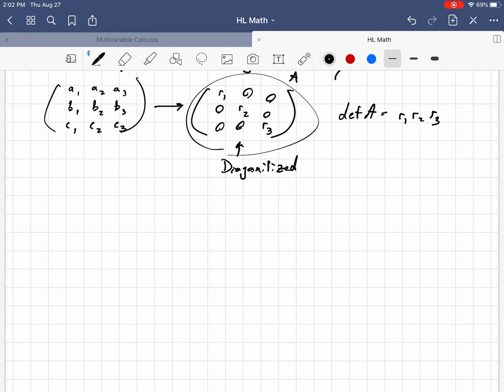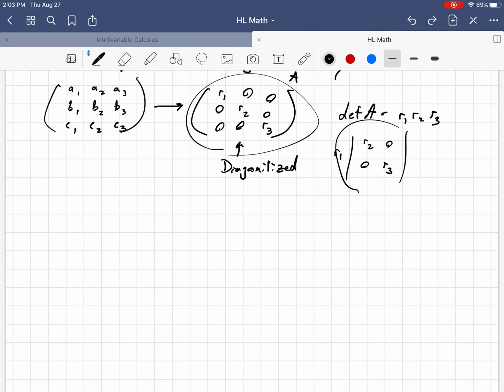If we were to expand by minors, we would get R sub 1 times the determinant of the matrix R sub 2, 0, 0, R sub 3, plus 0 times this matrix, which is 0, plus 0 times this matrix, which is also 0. So we just have this part right here.